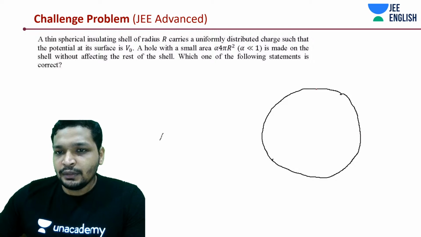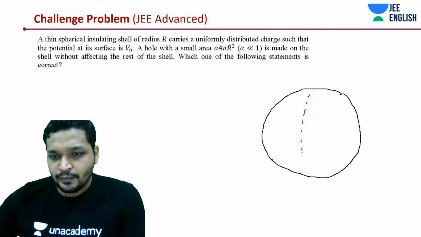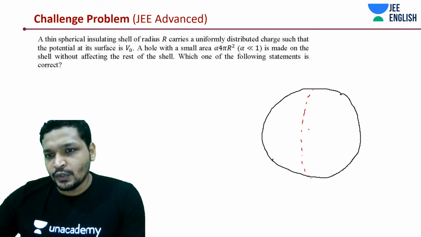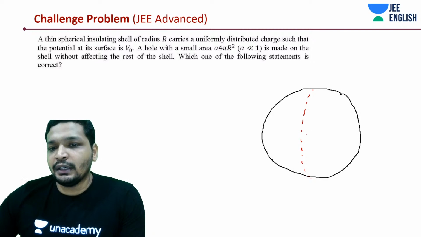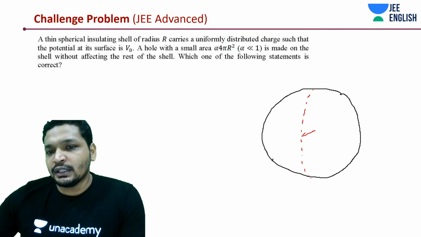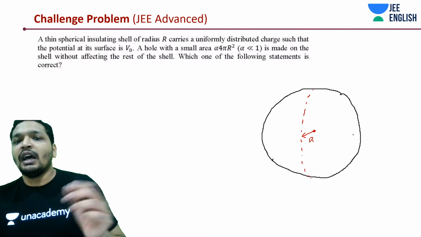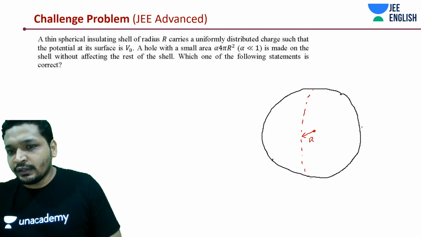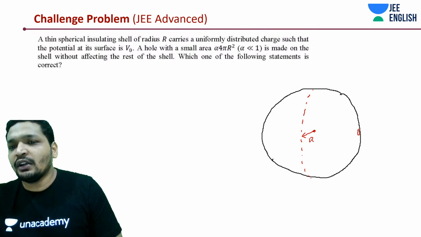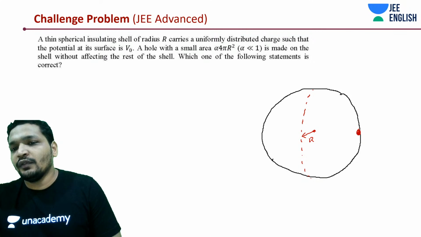If this is R, all would be R. This would be R. This would be R. Any direction it would be. Just for your understanding, let's assume this is the center. Think about it. R is reducing because it's alpha into 4 pi r square. Then the dent would be somewhere around this. Very small dent, very small point charge.